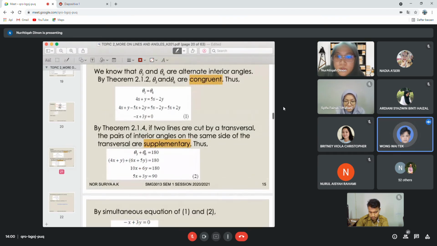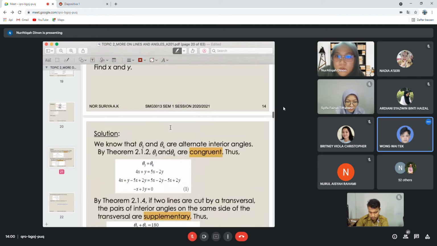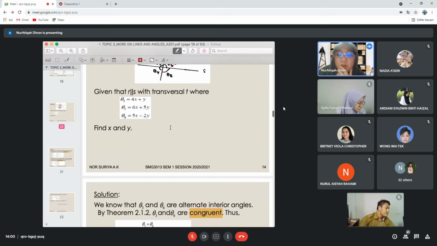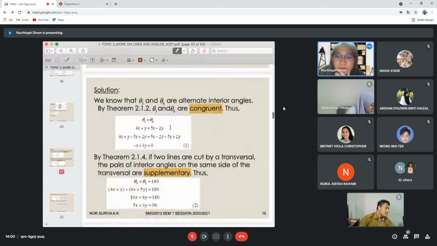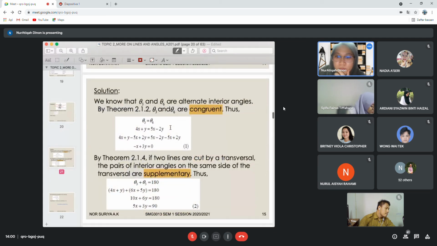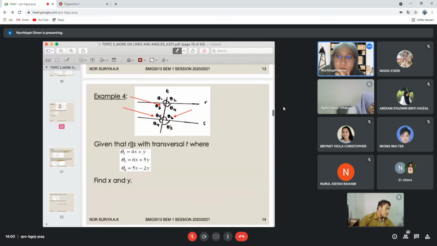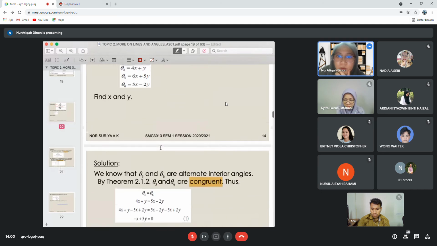The interior numbers on the same side. Oh, okay. Sorry, because we are using Dr. Surya's slides actually. For supplementary, theta 3 and 5 are supplementary, because when we discussed same sides earlier, 3 and 5 are indeed on this side. But in this one we use 4x and 6x.